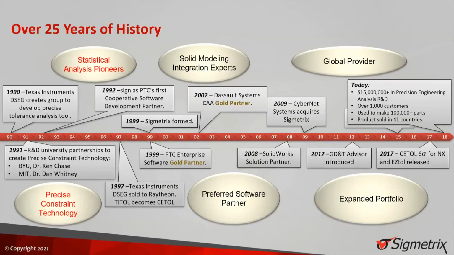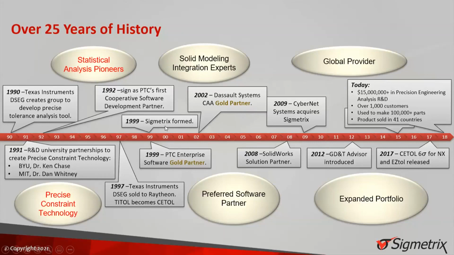In 1990, it was a sector in TI, Texas Instruments, focusing on numerical analysis method development for weapon systems. It has two core technologies. One is the statistical analysis method. The other one is precise constraint technology. Here the constraint means assembly constraint.